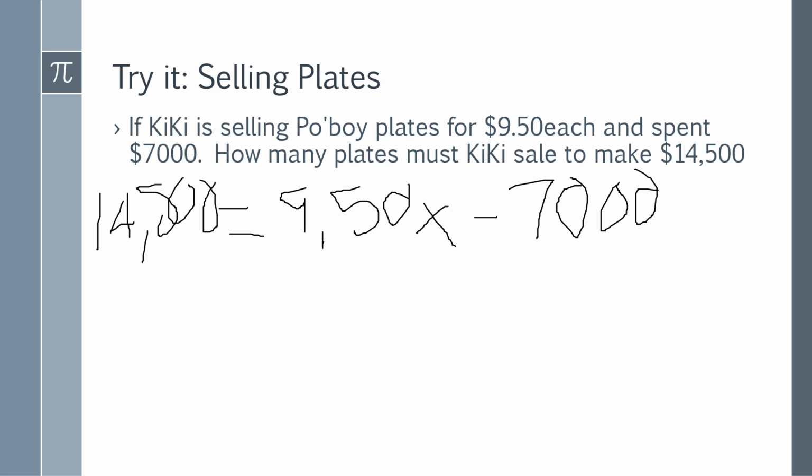So when you add it, you get 21,500 equals 9.50x.